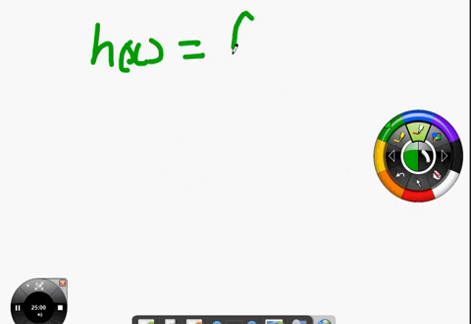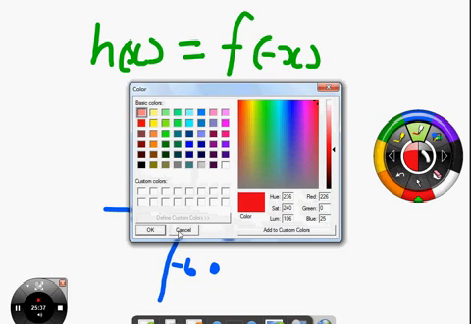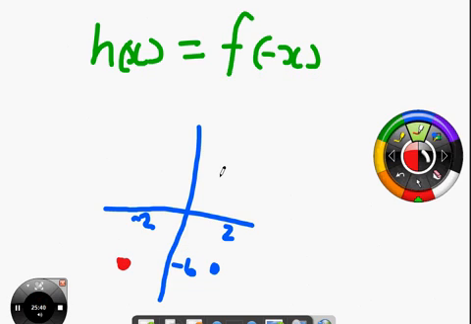If we say h of x is equal to f of minus x, now again on the Cartesian plane, if I had the same point here, now if this is 2, minus 6 again, if I make the x negative, giving me the same y, it means that it will be minus 2 for the same y, which is minus 6, and my point would come to this side, would come here, which means that this one is a reflection on the y-axis.